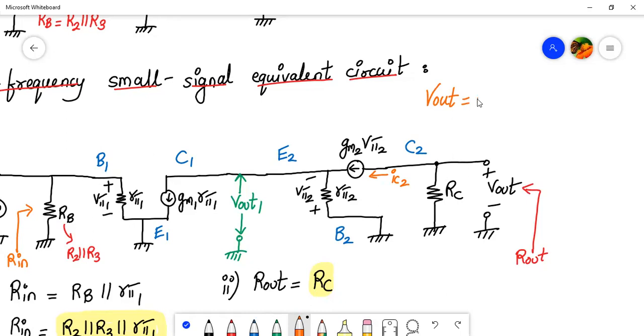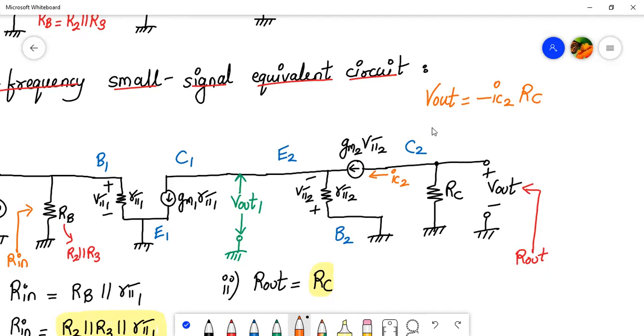So we can write V out is equal to minus IC2 into the resistance RC. And what is the value of IC2? IC2 is nothing but gm2 into V pi 2.